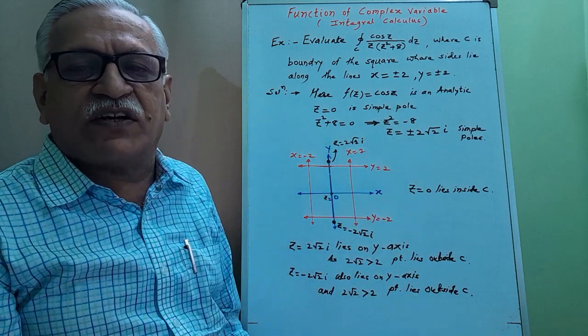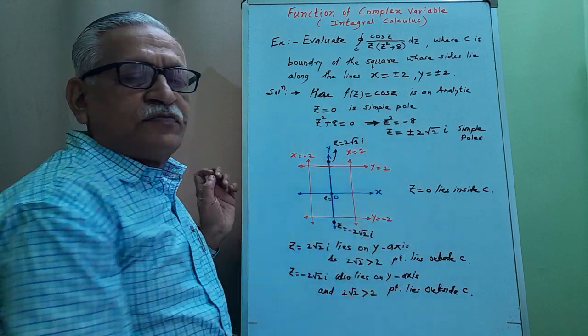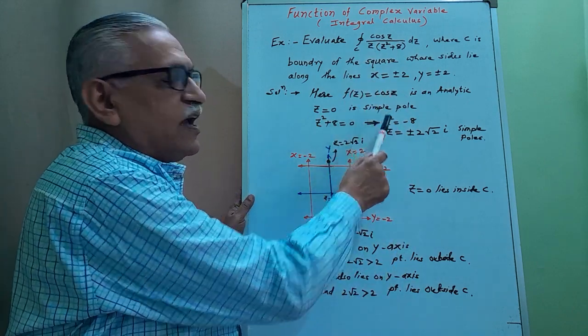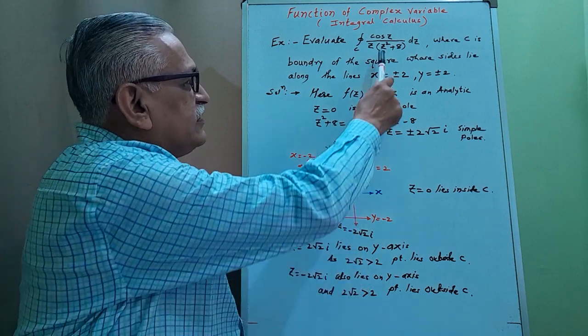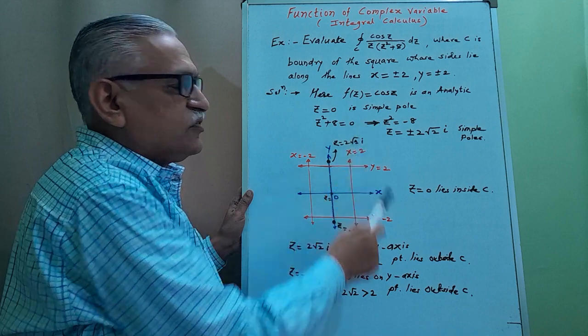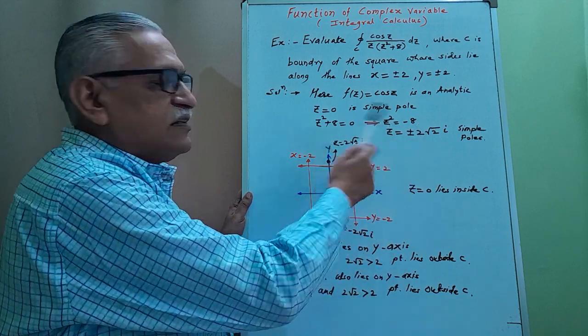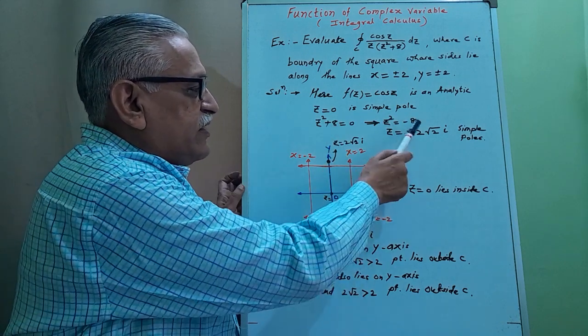It is an analytic function. To determine the poles, we equate the terms in the denominator to 0. We get z equals 0 as a simple pole, a pole of order 1. Then the second term, z square plus 8 equals 0, implies z square equals minus 8.